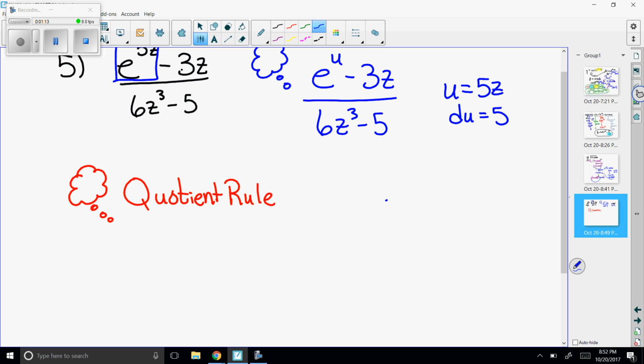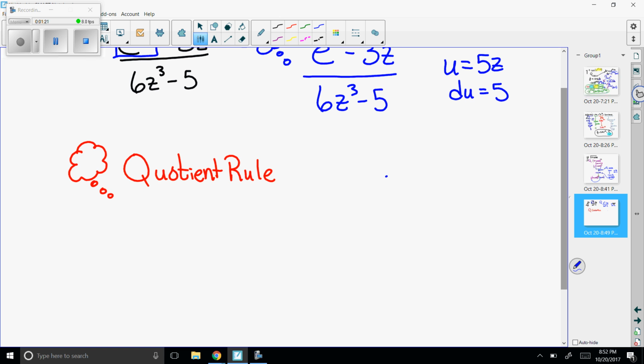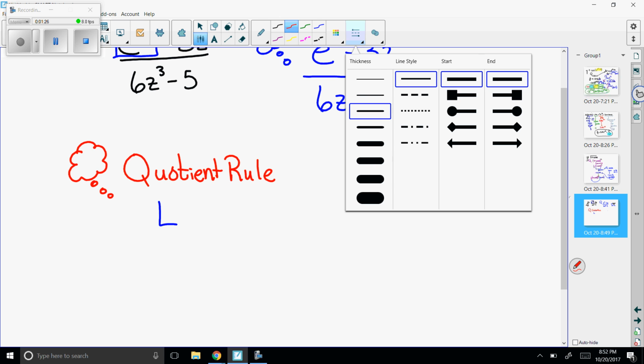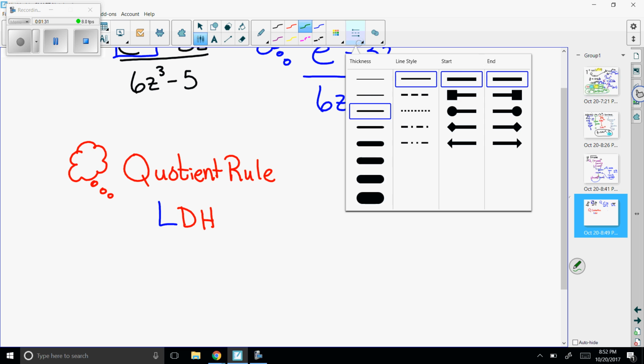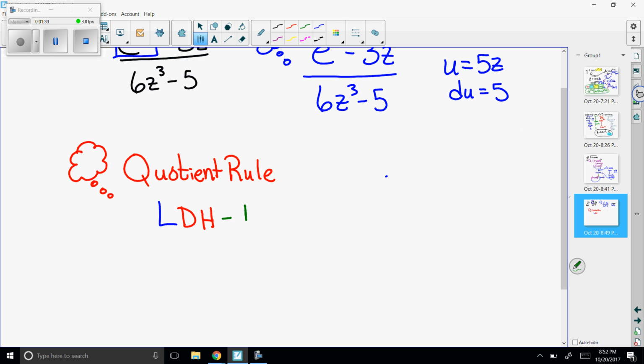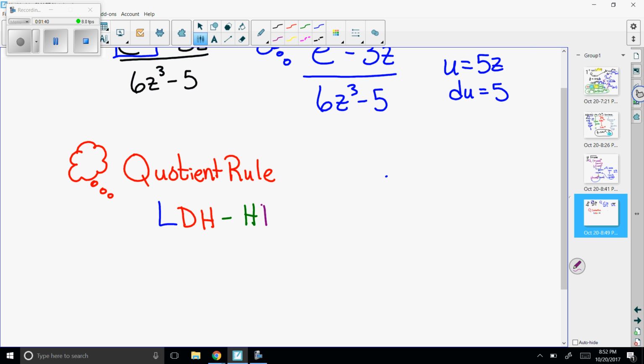With the quotient rule, and I hope I don't mess you up by using blue again and getting it confused with my thought bubble, what we are going to have is low d high minus high d low, and then that's all over the square of what's below.